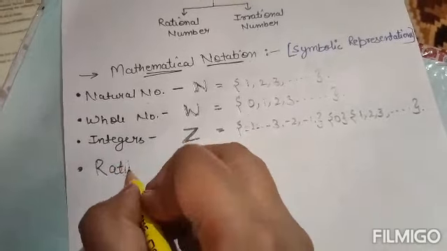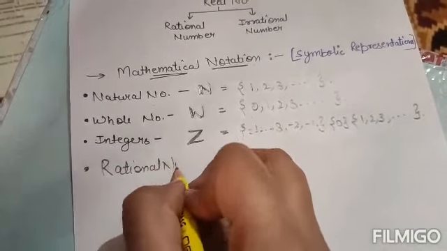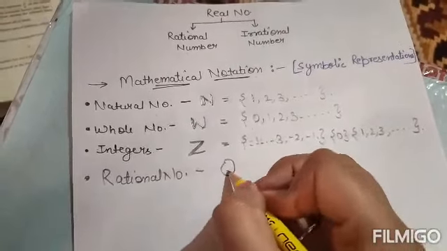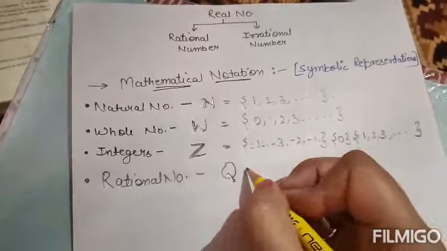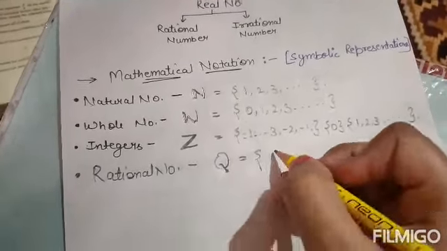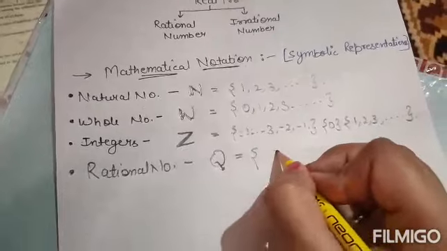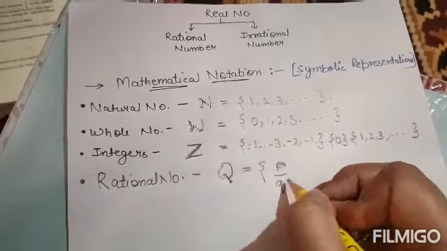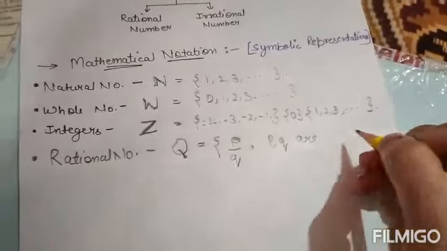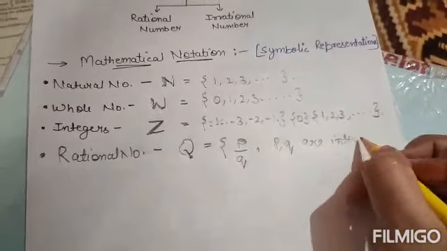Another is rational numbers, which are denoted as Q. They include all the fractions in the form of P by Q, where P and Q are integers.